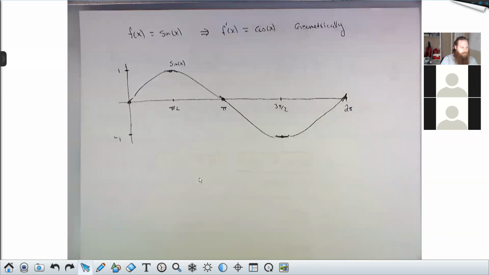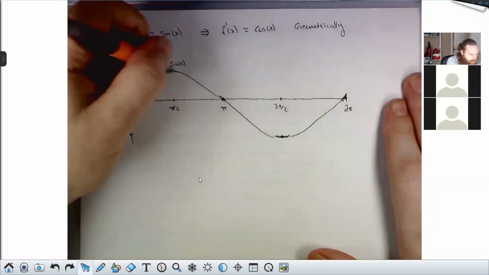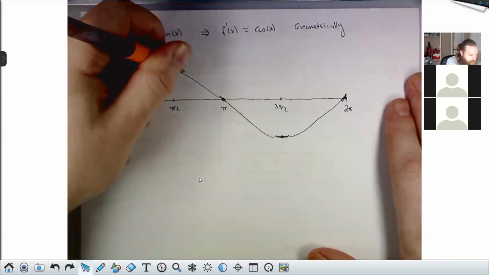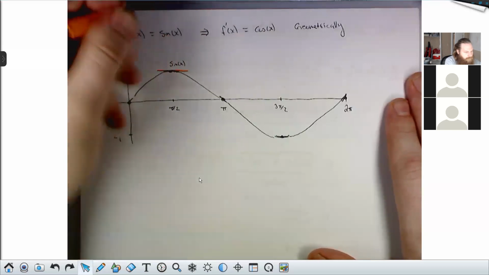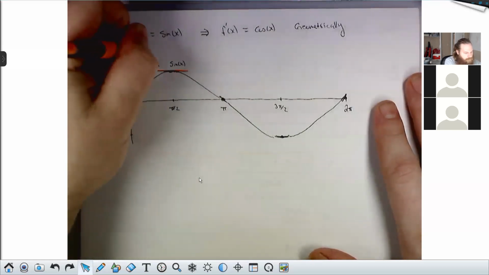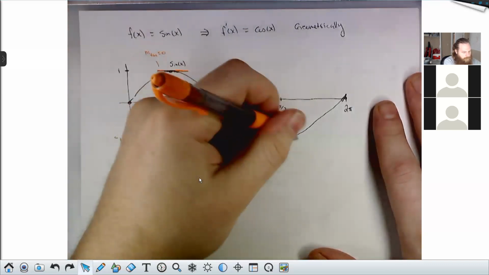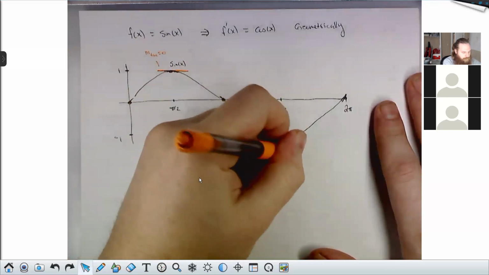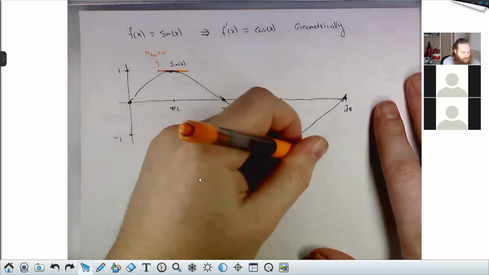Now if I come in and draw in some tangent lines, up here the tangent line appears to have slope 0. Over here the tangent line appears to have slope 0.